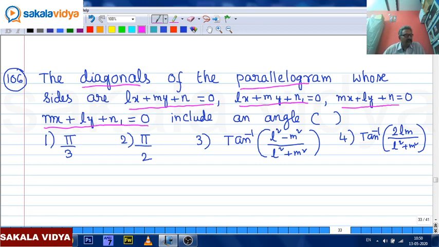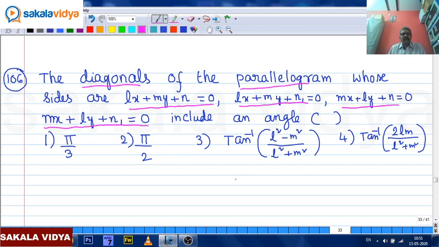What kind of quadrilateral is formed, whether it is a rhombus or a square, depending on that we can find the angle between the diagonals. So, we need to find the angle between the diagonals of the parallelogram.